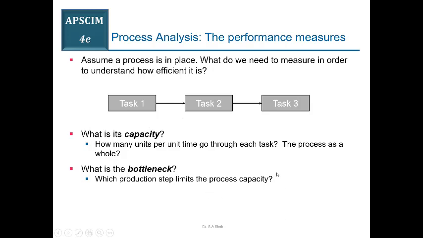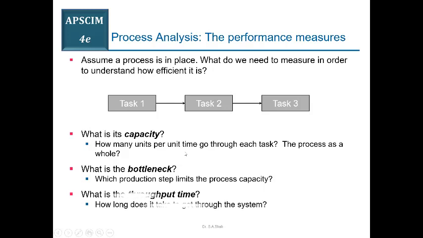Anyhow, the station having the maximum cycle time will be the bottleneck station, and the capacity will be totally dependent on that bottleneck. So you have to identify which production step will limit the process capacity. And the third one is the throughput time. Throughput time is the total time that a particular workpiece will spend within the system.